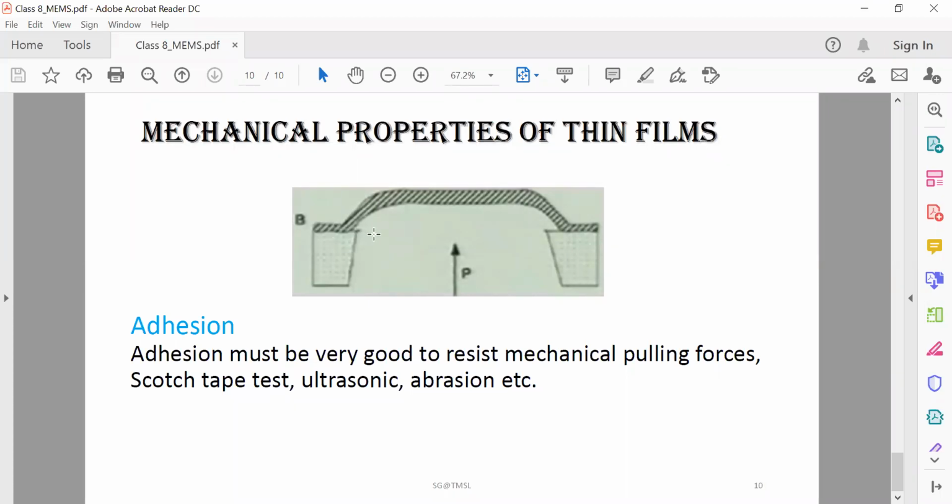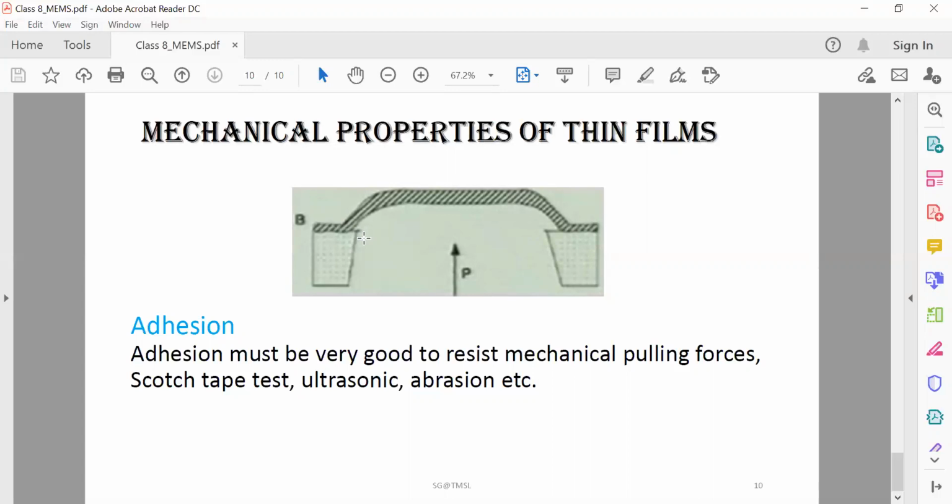To prevent that, the adhesion of the film and the substrate should be extremely good. In that case, if you evenly apply pressure, then this portion of the film will not come out.